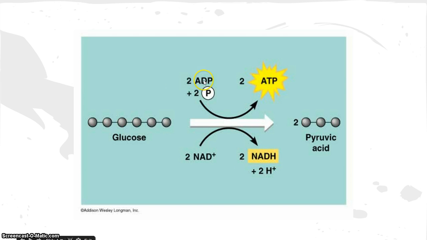Now we're going to change the ADP into ATP, but to do that, we're going to have to add a phosphate. So adenosine diphosphate is your ADP. We're going to add a phosphate to get adenosine triphosphate. When we finish with this, we're going to have 2 pyruvic acids. And remember, the pyruvic acid has 3 carbons each.